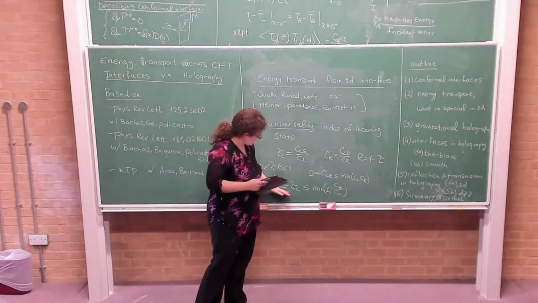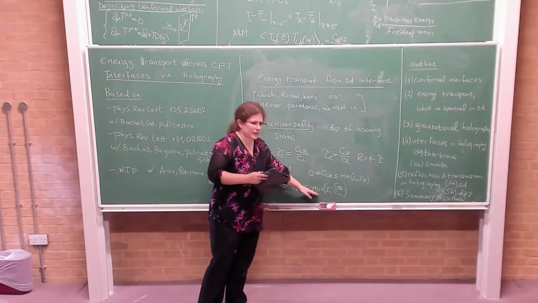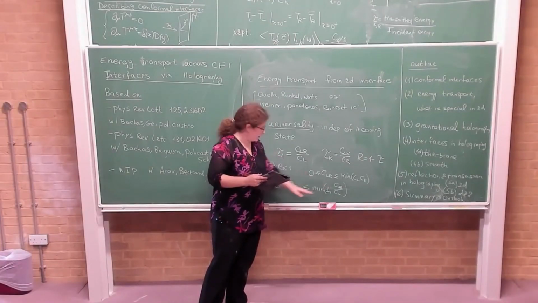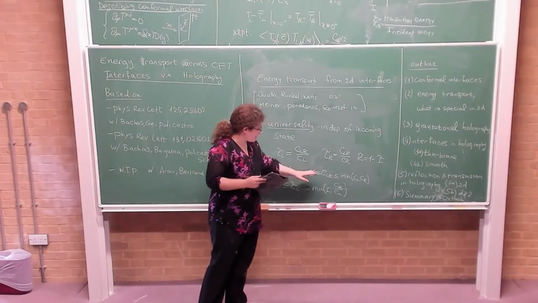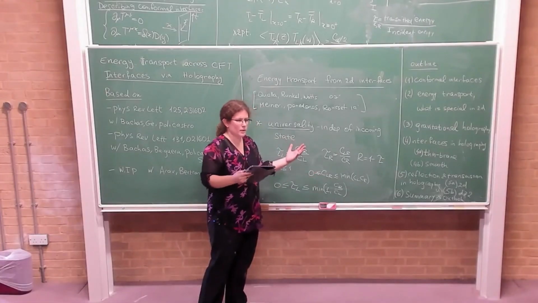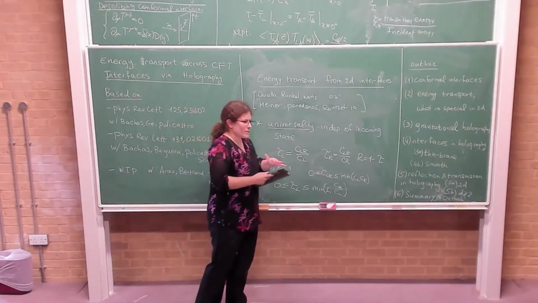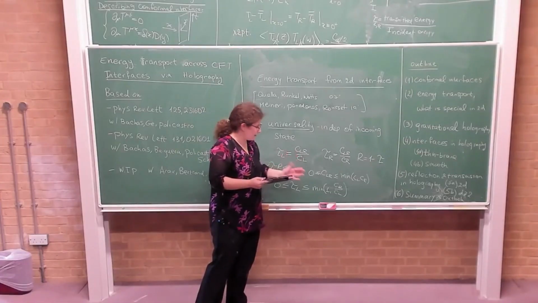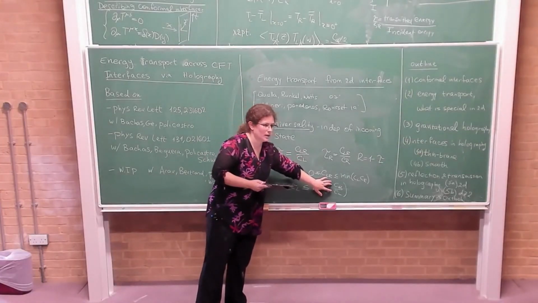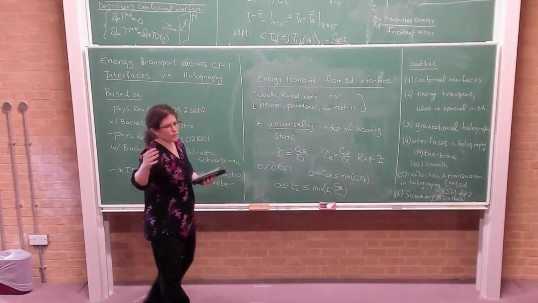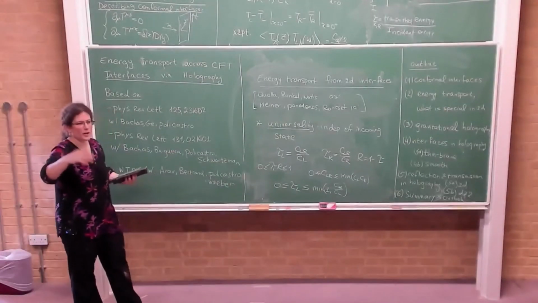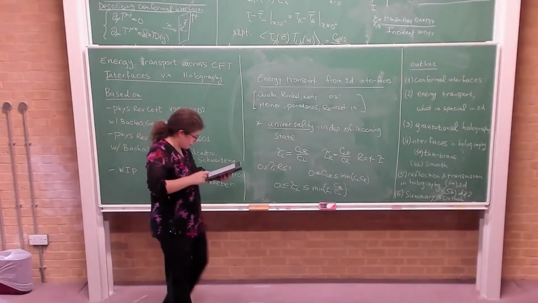What this means is that it's impossible to have perfect transmission, coefficient 1, from a theory with more degrees of freedom to a theory with less degrees of freedom. That would then necessarily be less than 1, because there are not enough degrees of freedom to carry the perturbation away. So that has an intuitive explanation.